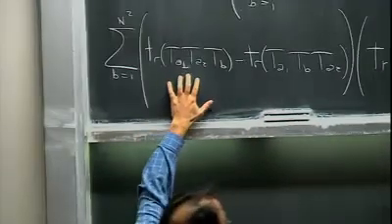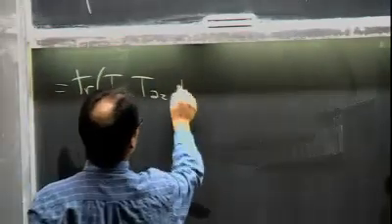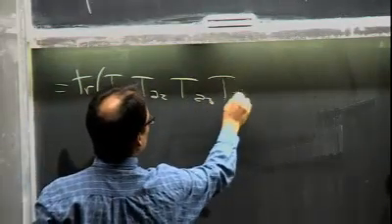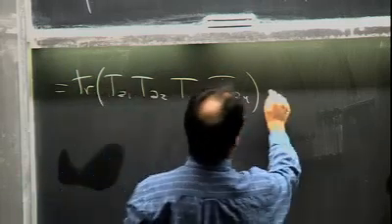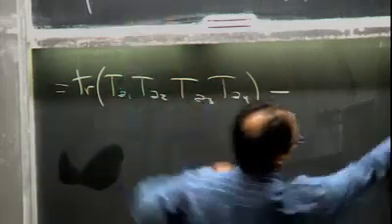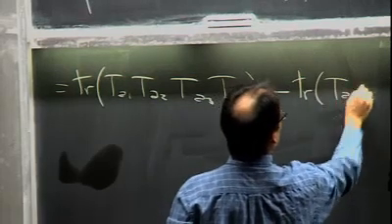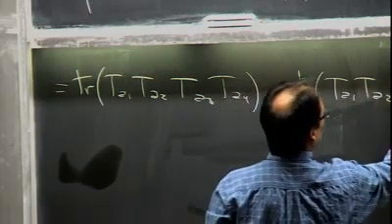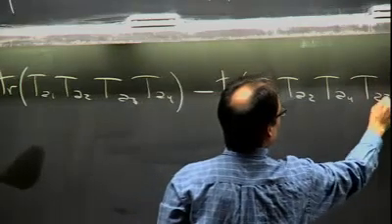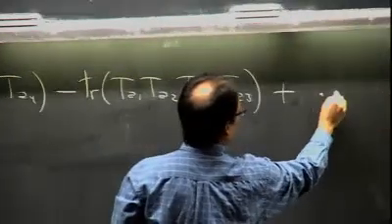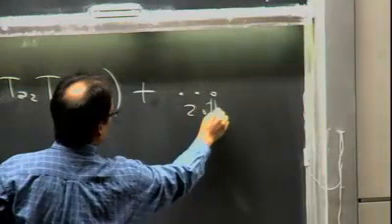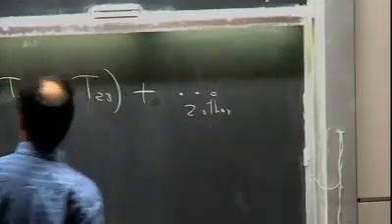So we take the first term with this term, and we get the trace of T^A1, T^A2, T^A3, T^A4. Now we take the first with this one, we get the trace of A1, A2, A4, and A3, plus two other terms. Okay?